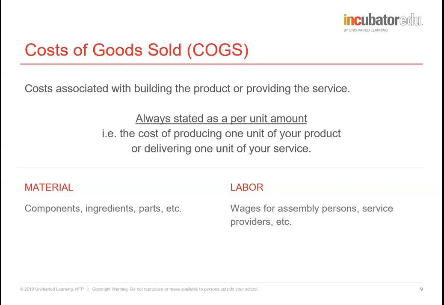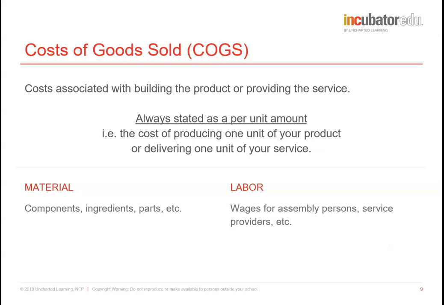Cost of goods sold is the cost at which you had to provide something. Let's say I'm selling picture frames, and I acquire them from a supplier in, say, China, and they charge me $3 per picture frame. That's my cost of goods sold. Don't get that confused with your selling price.